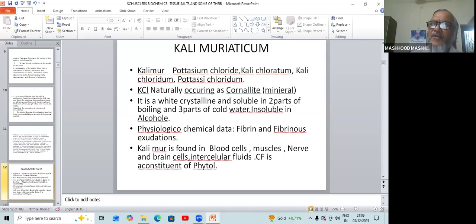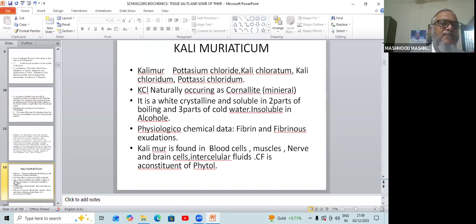Fibrin and fibrinous exudations are the most important aspect of this kali mur. The second stage of inflammation, we all know, is fibrin and fibrinous exudations. Then kali mur is found in blood cells, muscles, nerve and brain cells, and intercellular fluids.